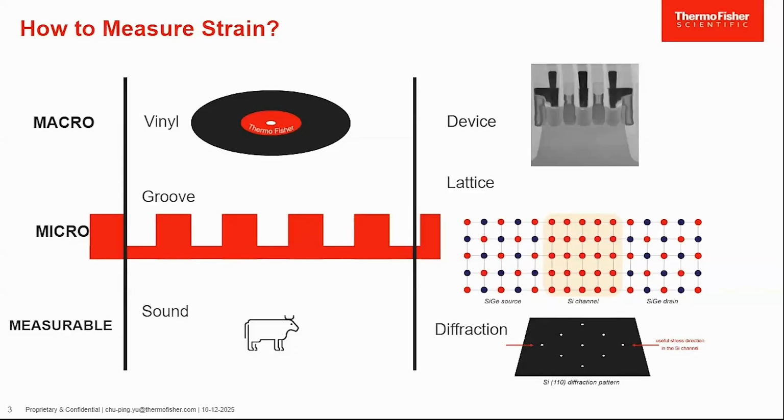Similar to that, we're not directly measuring the lattice in a TEM, but what we do is we rely on the diffraction pattern, which is closely related, or actually inversely related, to the lattice constants to measure the strain in your semiconductor device.